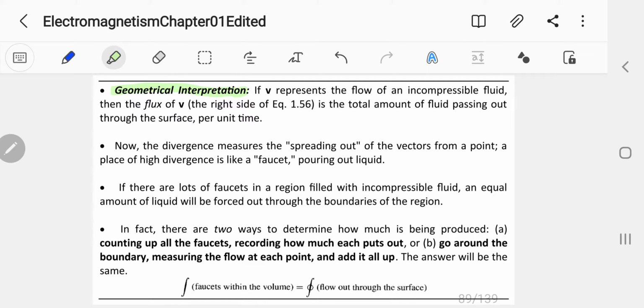So you have here a simplified illustration. The faucets within the volume, the integral of that, is just equal to the flow of the fluid through the surface. That's just the meaning of it.